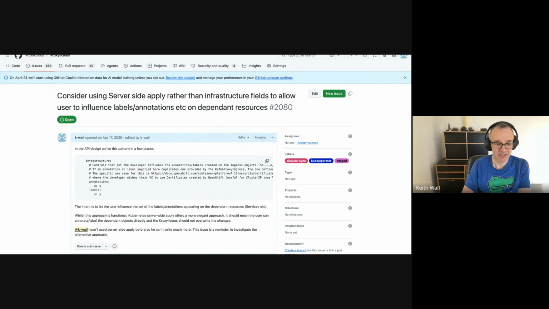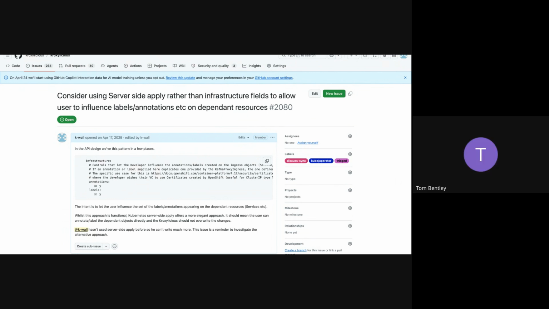And so I think in a case like labels and annotations, we've received a strong enough signal from users that that's the solution that they want. Yeah, I think this is the case for labels and annotations. At least it's fairly clear that this is a problem that people are encountering in practice. So yeah, let's do it.